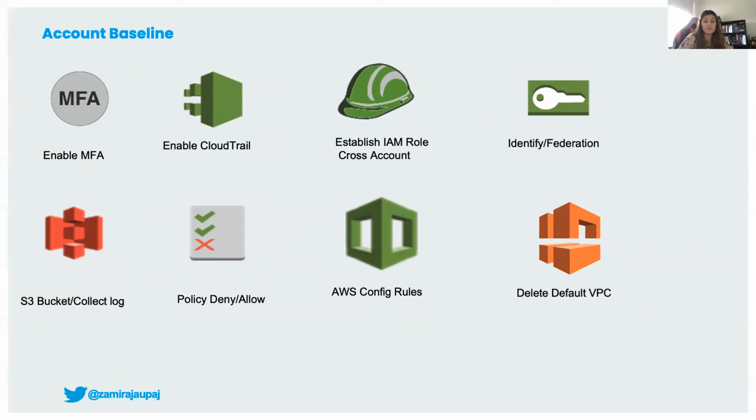And there are some features and services that are enabled. First one, MFA is enabled automatically in all accounts. AWS CloudTrail is also enabled in all accounts and regions. AWS Config rules, there are some rules set up in all accounts.